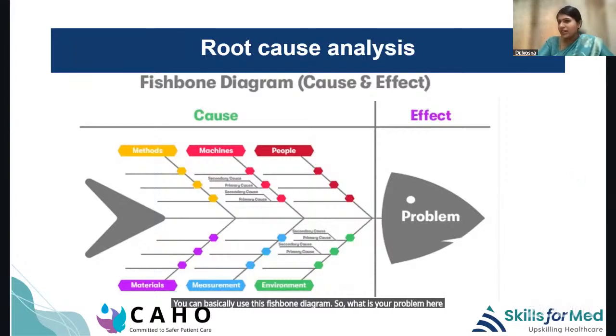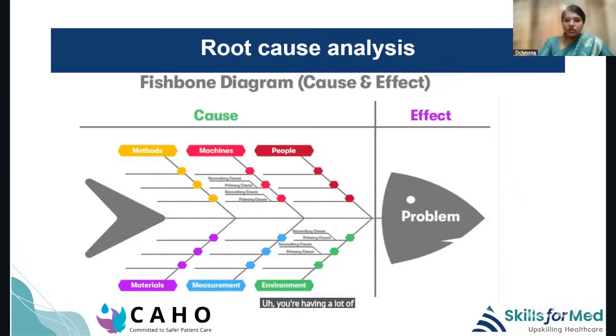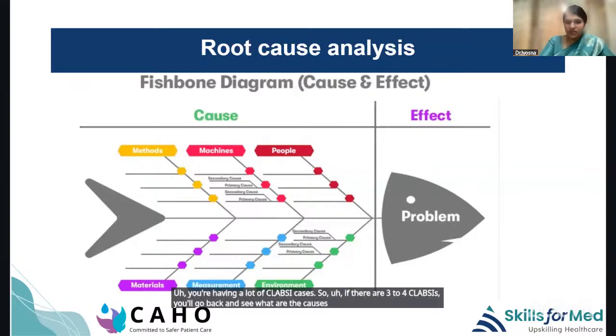Your problem, for example, is that you are having a lot of CLABSI cases. If there are 3 to 4 CLABSIs, you will go back and see what causes can lead to CLABSI and where the failure had taken place.